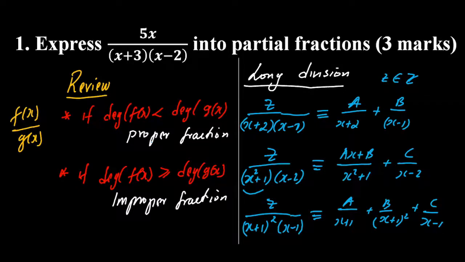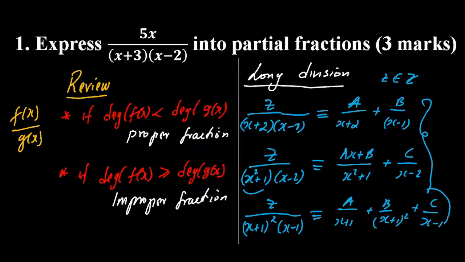So when expressing a fraction into partial fractions, you have to know the form of the partial fraction, and you need to know the degree of the fraction, because if you just start solving, at the end you might not have your answer, since it is an improper fraction, and you need to bring it to a proper fraction to be able to use these conditions to solve it.